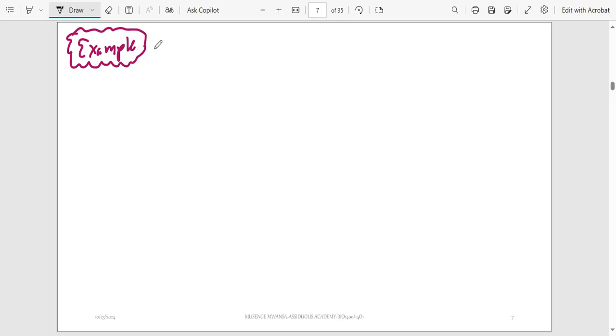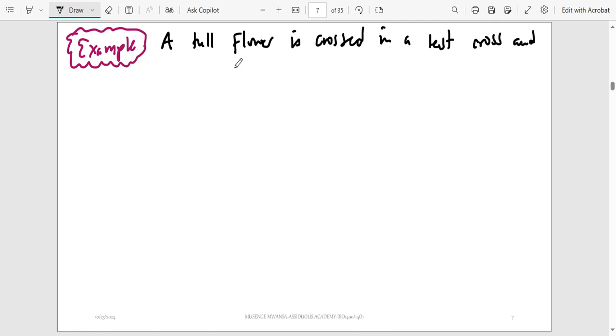So what is important is, let's say a tall flower is crossed in a test cross, and all the resulting flowers are tall.